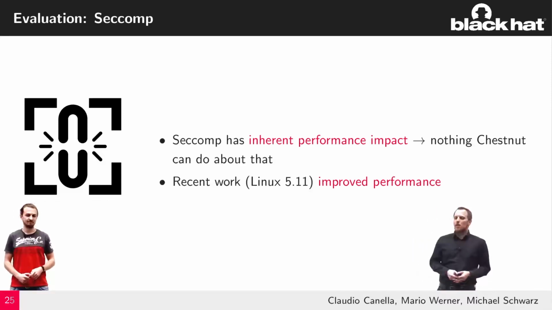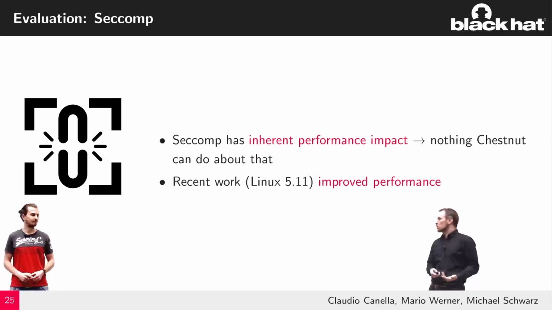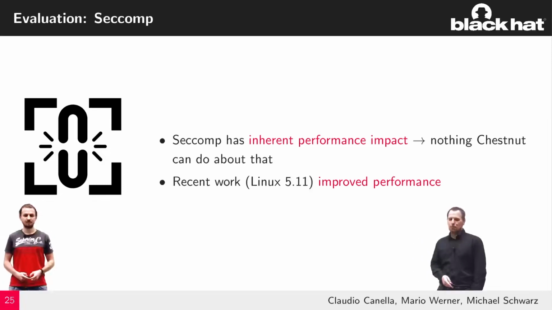But there is work ongoing to improve the situation, so it's not really in the scope of our work, but every improvement which goes into SecComp, which is part of the Linux kernel itself, automatically also improves our final solution, which is nice, I guess.